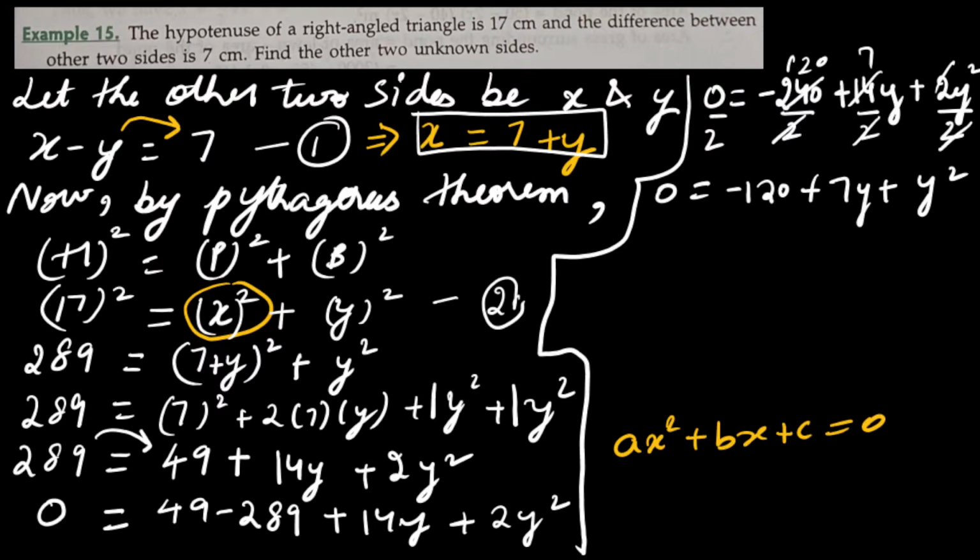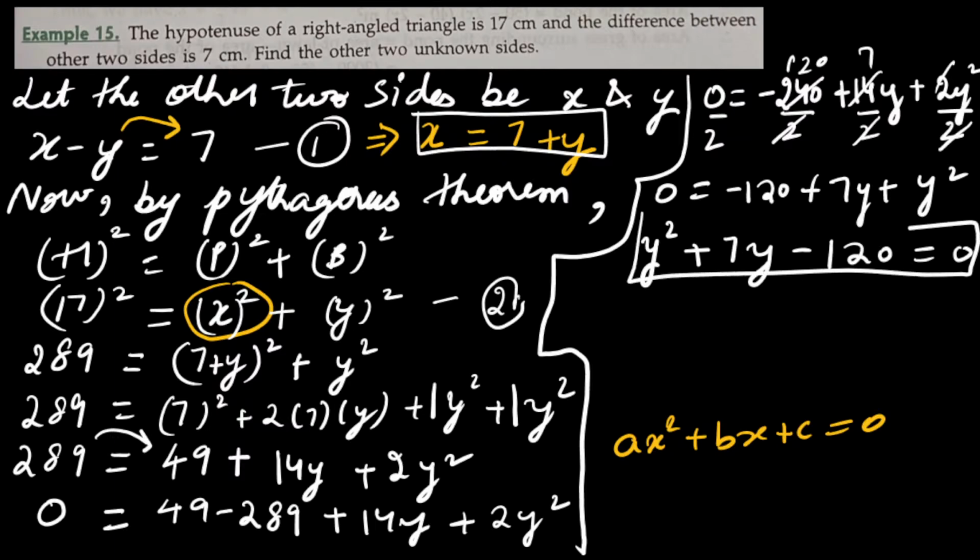So here I'll write in this form: y square at the start, then plus 7y minus 120. Instead of writing 0 on the other side, let us write 0 on this side. So this is the required quadratic equation: y square plus 7y minus 120.